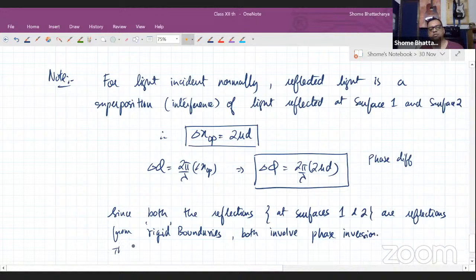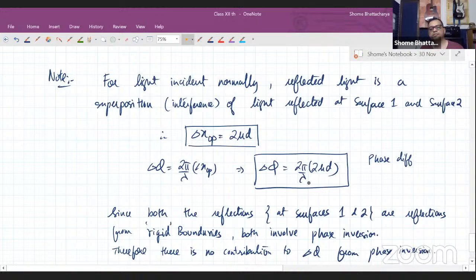Therefore, there is no contribution to the phase difference delta phi from phase inversion. Okay. So that's why the net phase difference is just 2 pi by lambda into this.